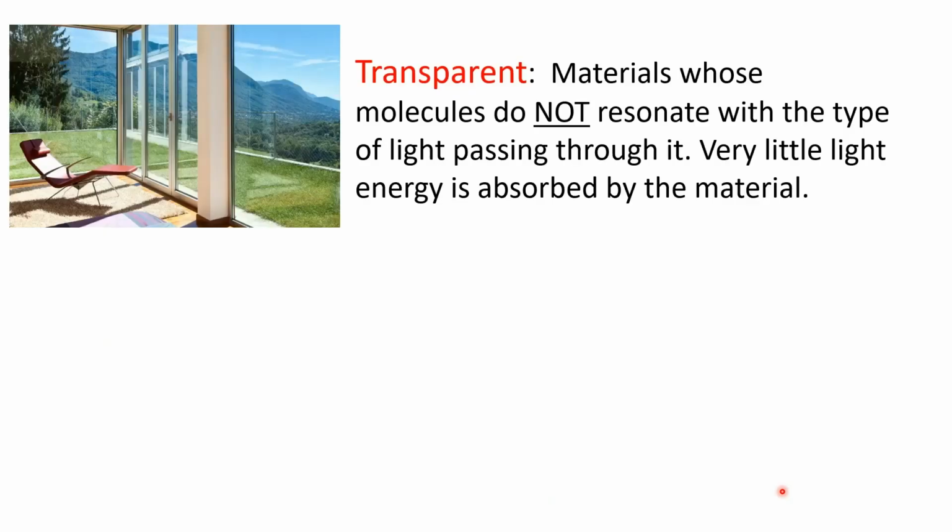So I'm going to redefine transparent and opaque. Let's start with transparent. Now I'm going to define it as materials whose molecules do not resonate with the type of light passing through it. Very little light energy is absorbed by the material. That was our first example where the photon was absorbed, but it was almost immediately re-emitted, so that overall there was little effect to the photon.